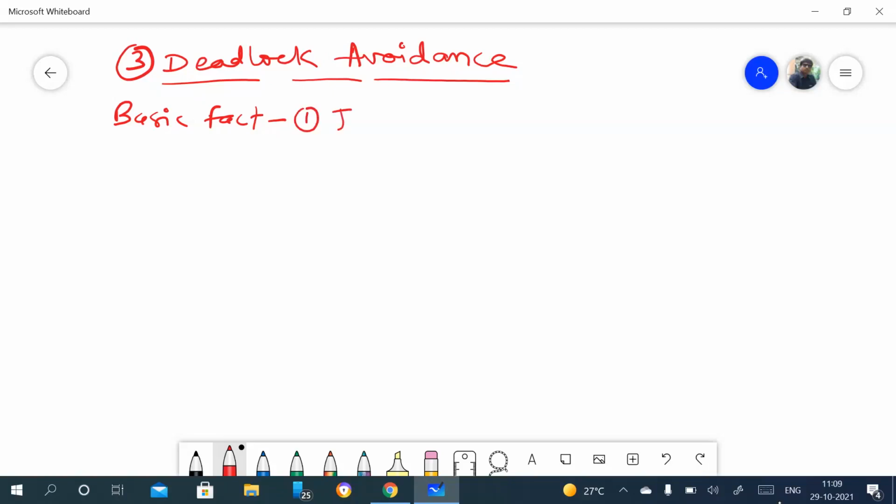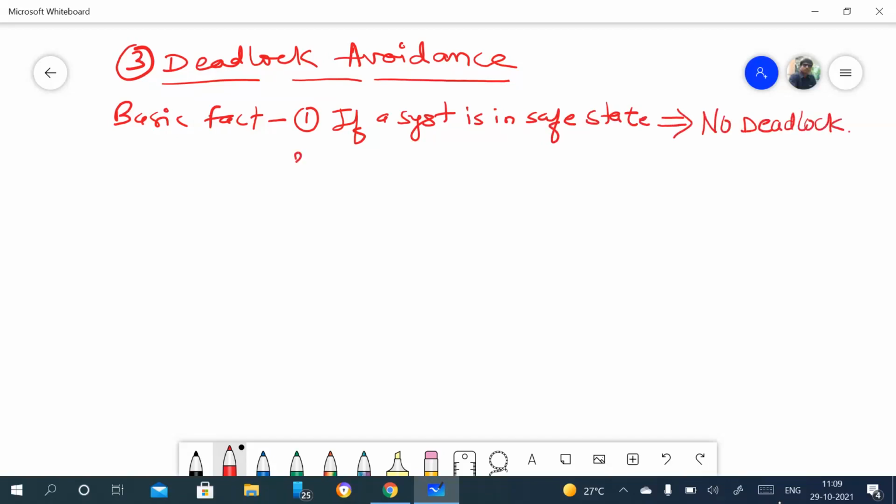If a system is in a safe state, then what can we say? Then we can say no deadlock. And if the system is not in safe mode, then there is a possibility of deadlock. So the same thing I'll write here.